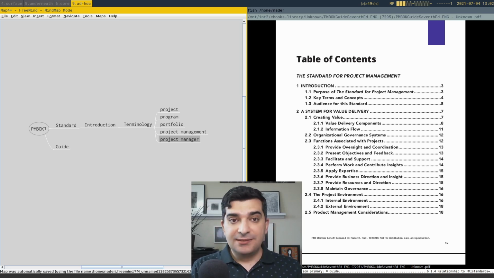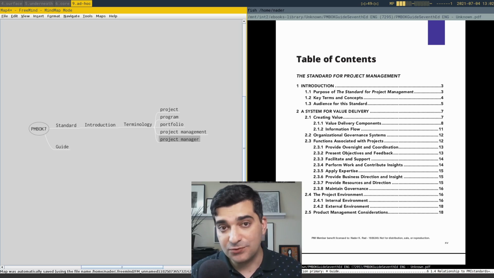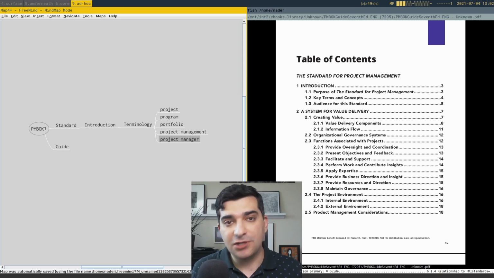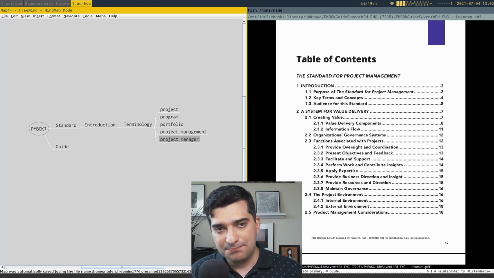Having a single centralized role of project manager in order to have proper project management is a very common way. It's a very effective way of doing that, but it's not the only way. We can also have decentralized project management, and that's okay. So remember that the PMBOK guide is about project management and not about project managers.